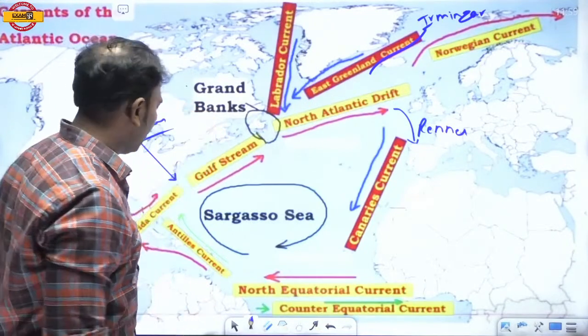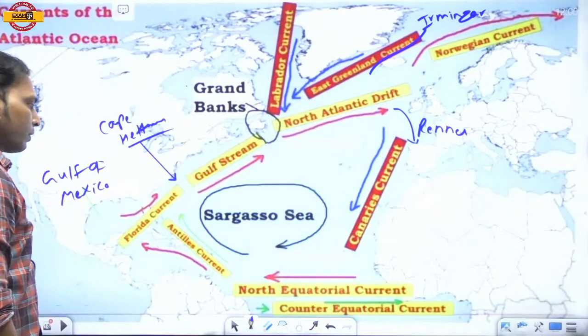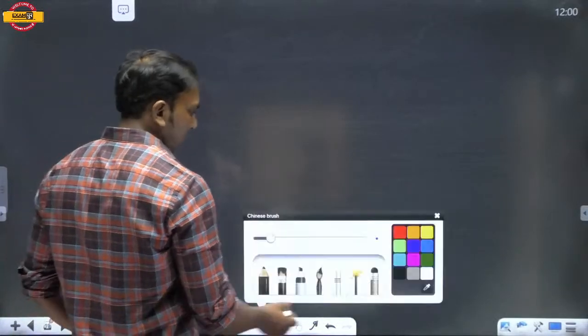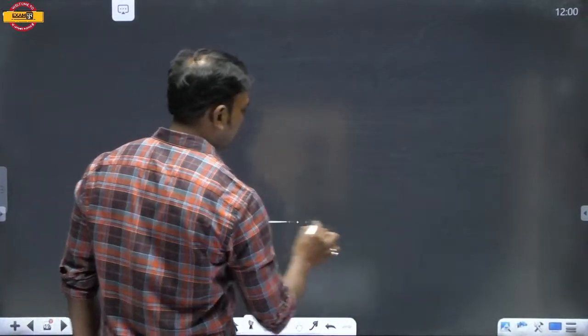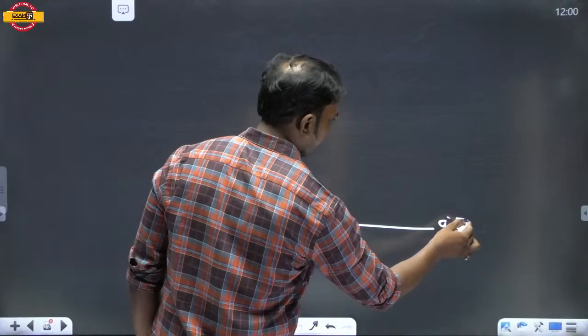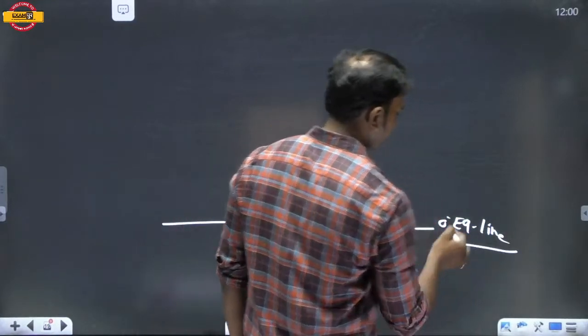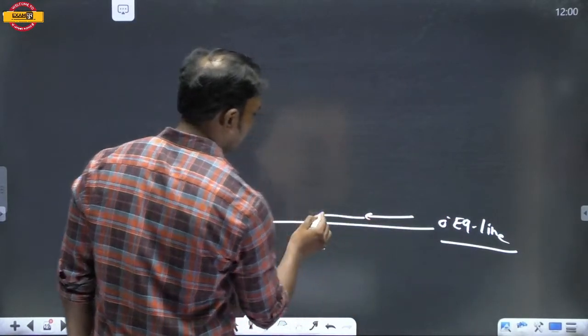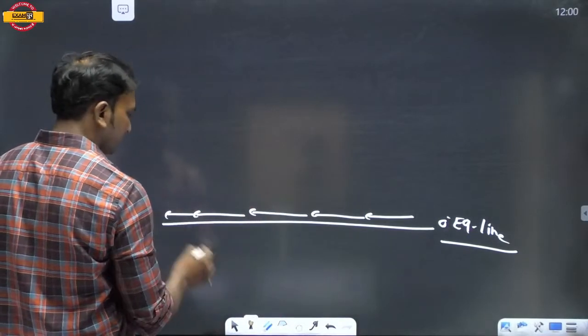So now we can see here the 0-degree equator line, and the North Equatorial current is this. This one is warm.